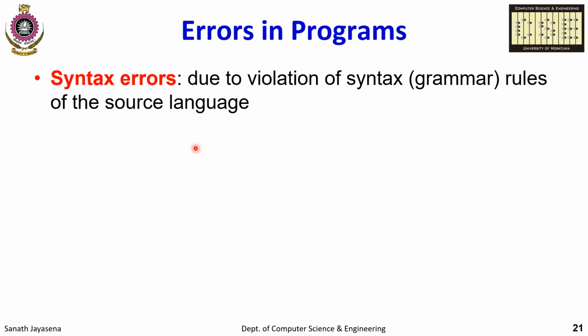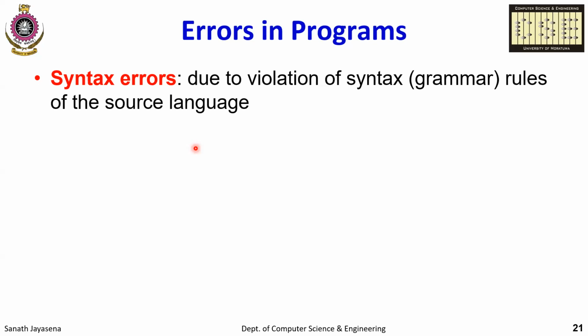The contrast is that in a compiled environment, the execution cannot happen because you cannot produce executable machine code when there are syntax errors. In order to execute, you need to have a compiled or executable form.